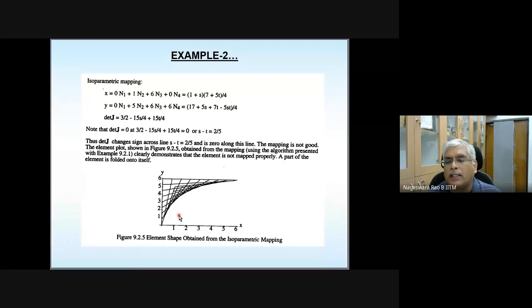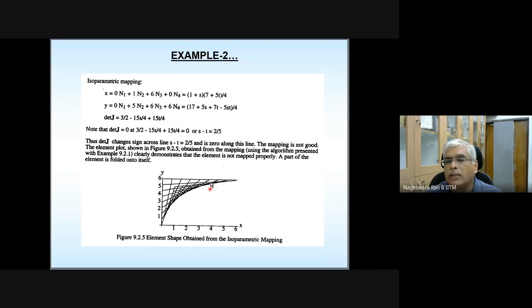That is violating the condition. So here there is this kind of folding onto itself. That shows that the mapping is not good. Here, a part of the element is folded onto itself.